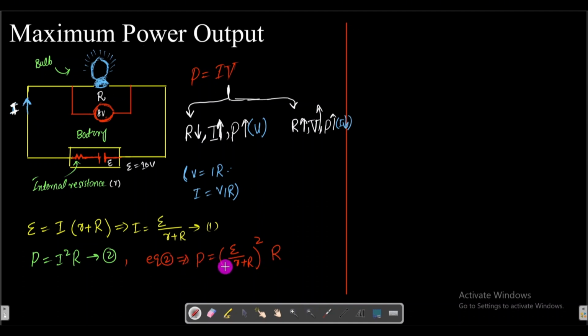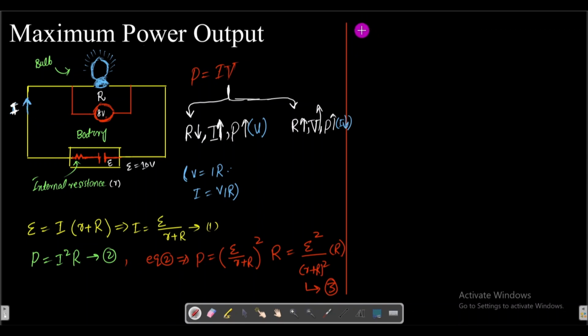Now this is the expression for the power. Let's simplify this. Here we have the electromotive force square divided by small r plus capital R whole square, and into multiplication of R. Let's call this equation 3.